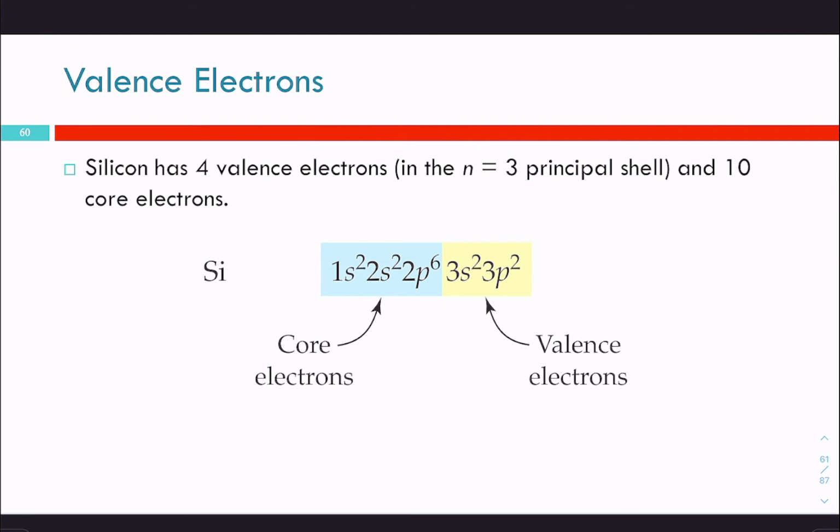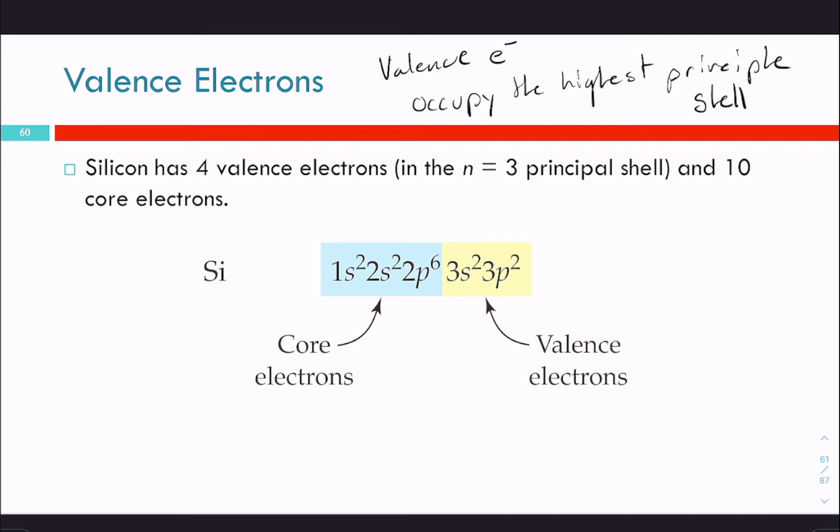We're going to look at an electron configuration for silicon. So valence electrons occupy the highest principal shell.